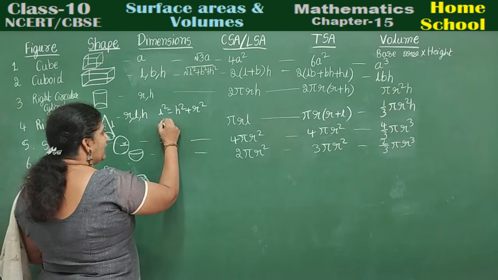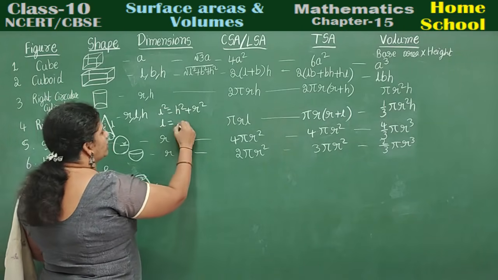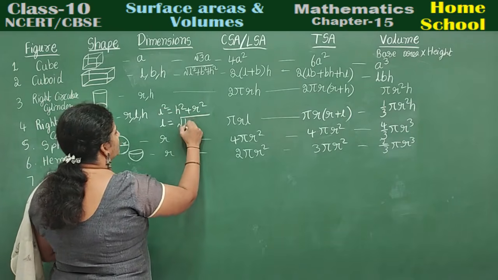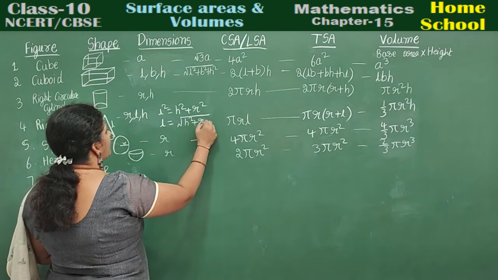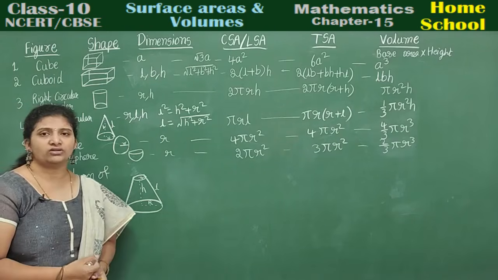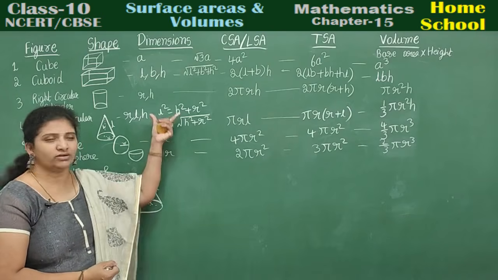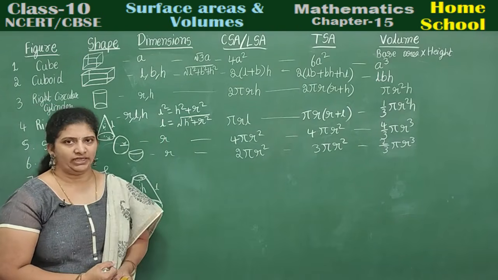If you want to calculate only L, remove the square and you get the square root. Slant height L is equal to the square root of H square plus R square. You should remember this small tiny formula.